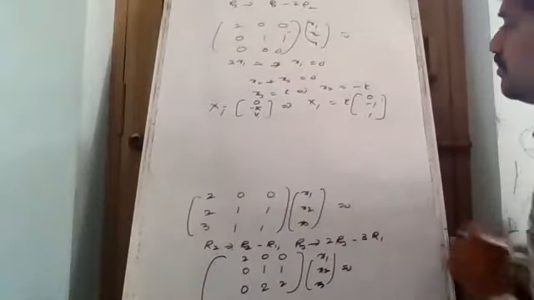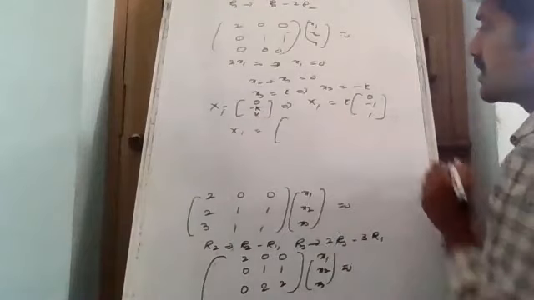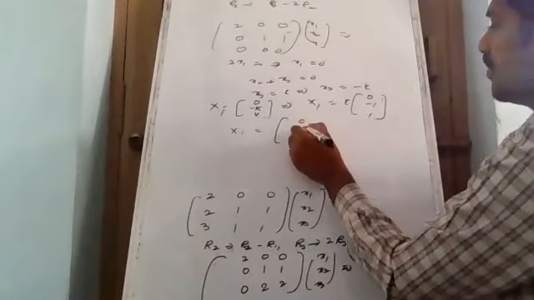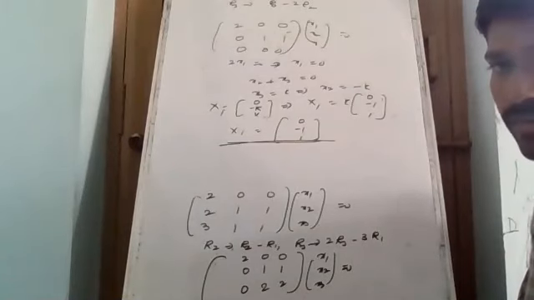Taking k is equal to 1, we get x is equal to 0, minus 1, 1, the eigenvector corresponding to lambda is equal to minus 1.